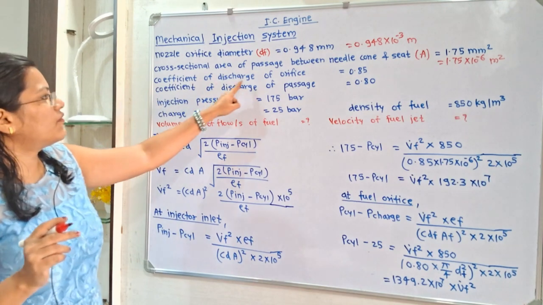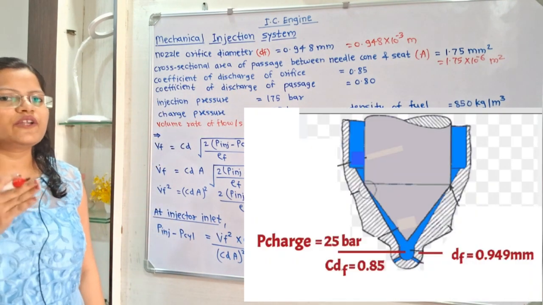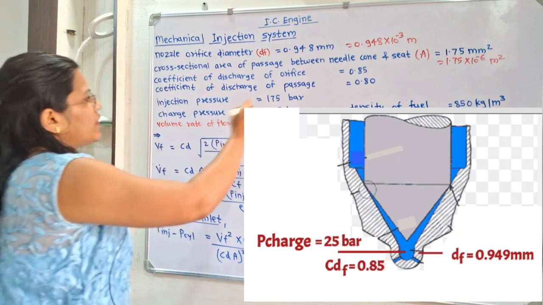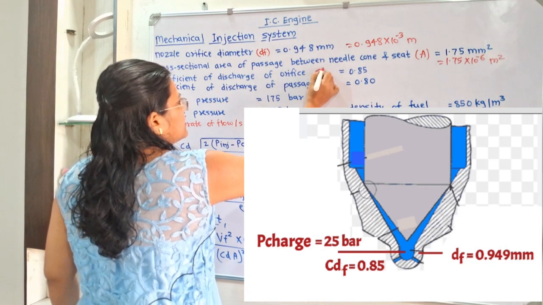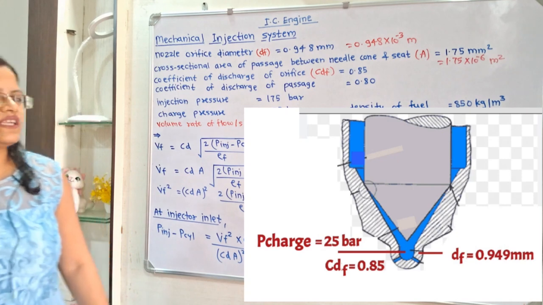Then the coefficient of discharge of the orifice. At the orifice we will use the suffix F, so the coefficient of discharge CDF is 0.85.